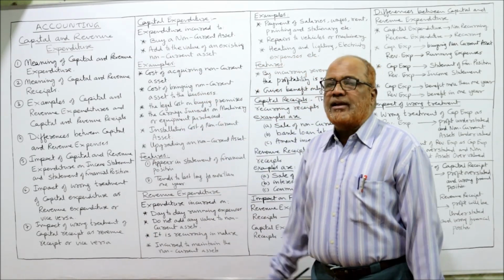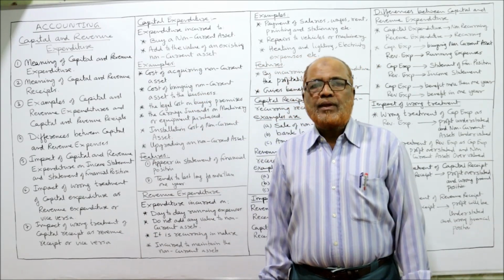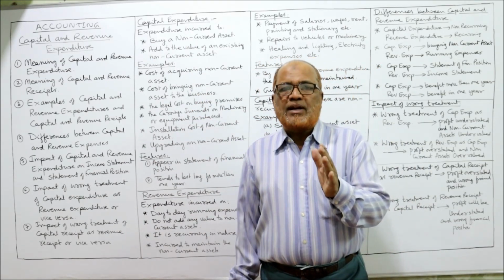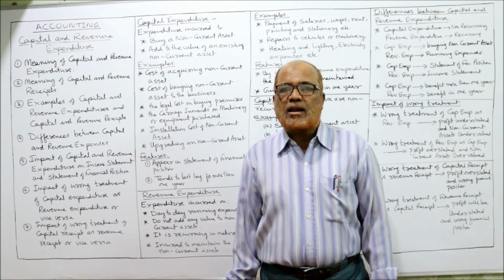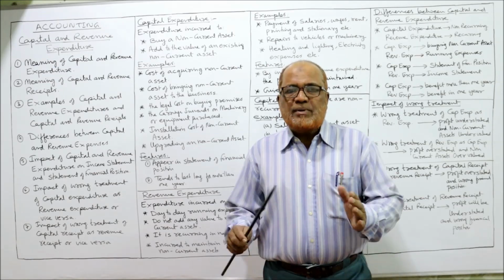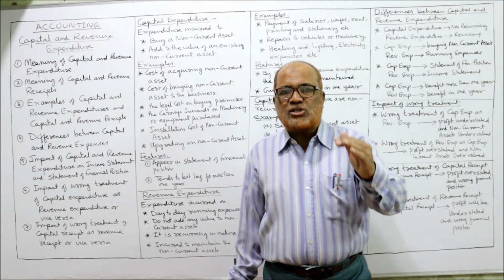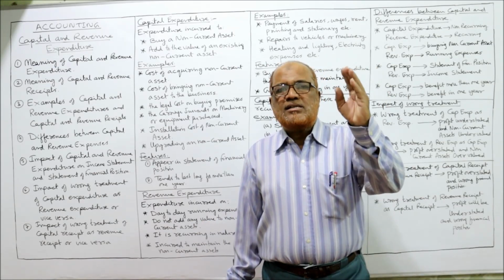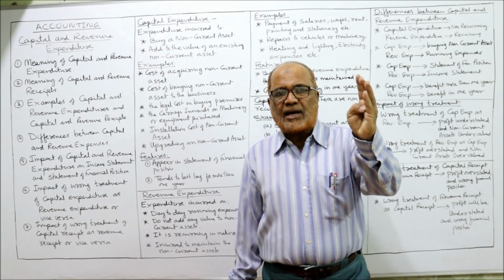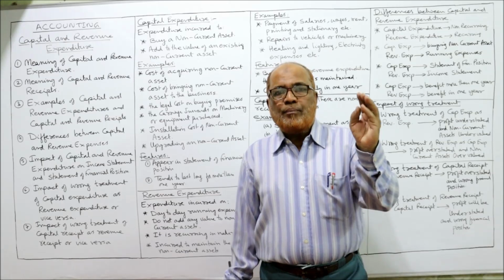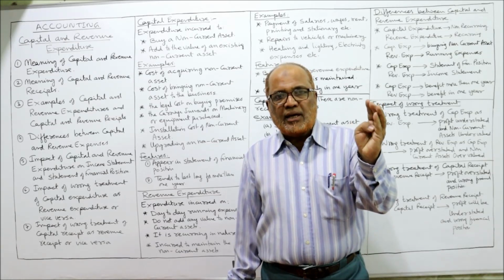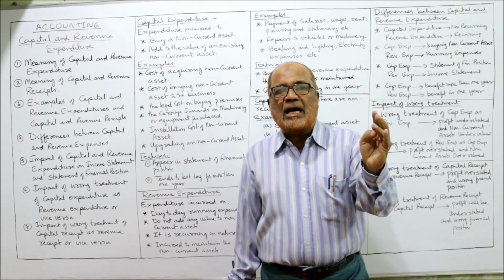First of all, I'm going to explain capital expenditure. Capital expenditure is the expenditure incurred on acquiring a non-current asset. In a business, two types of assets are there: current assets and non-current assets. The current assets are inventory, trade receivable, cash at bank, cash in hand. And the non-current assets are building, machinery, equipment, furniture, vehicle.